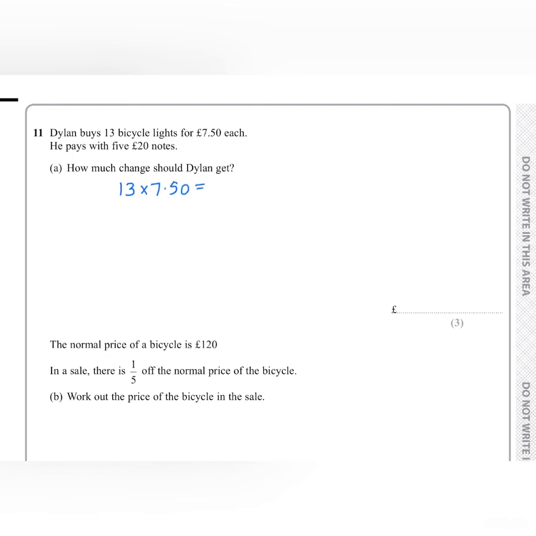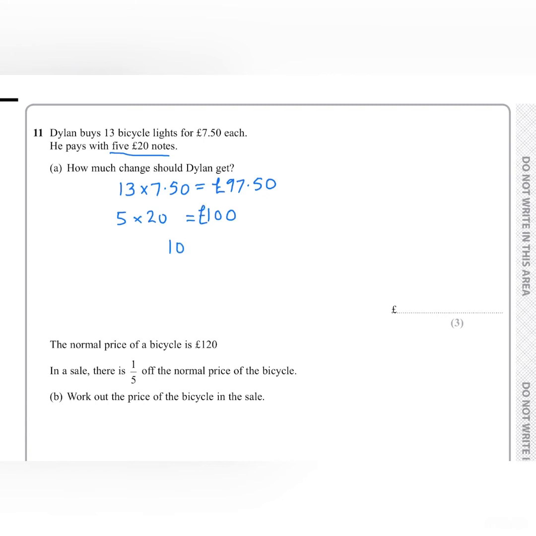Okay, so you can just do 13 times by 7.5 on the calculator, and that will be £97.50. And then he pays with 5 £20 notes, so 5 times by 20, so in total he paid with £100. How much change would he get?